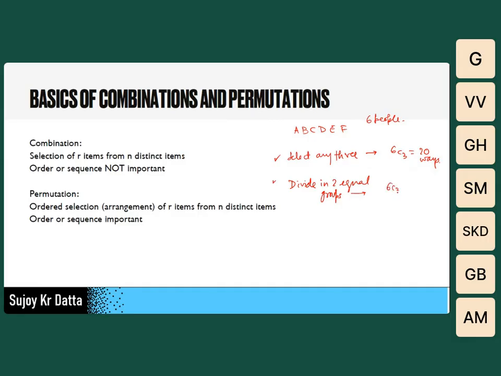It's actually 6C3 divided by 2 factorial. I mean, 2 factorial is 2, right? So that way. Can anyone explain to me why we will divide by 2? And how is this different from the previous question?